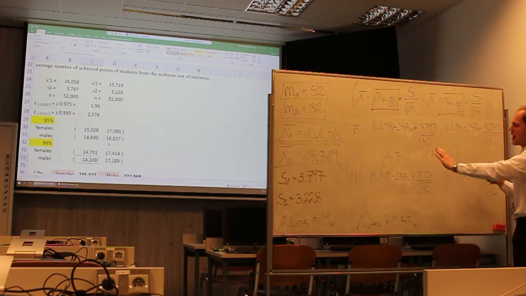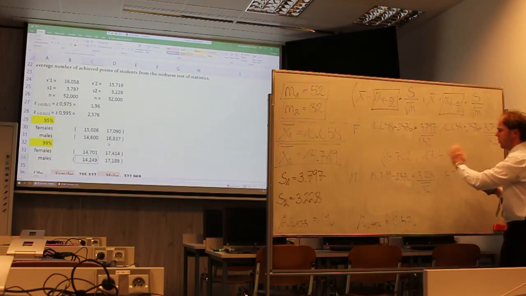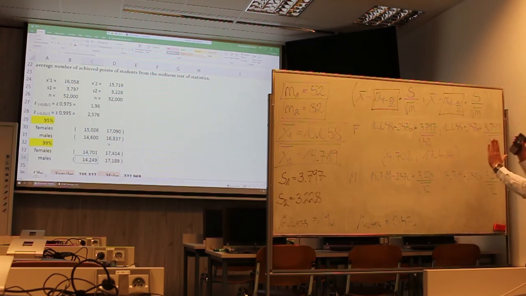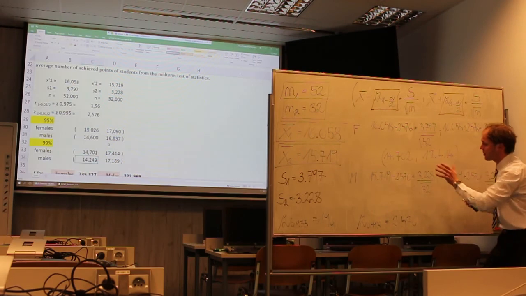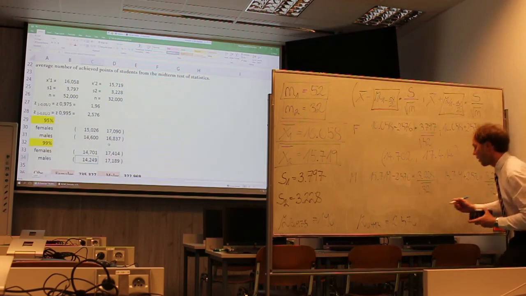Okay, so left side 14.702, right side 17.414. So this is the 99% confidence interval for the expected number of achieved points for females, and the same for males.